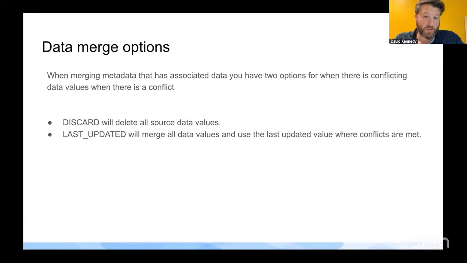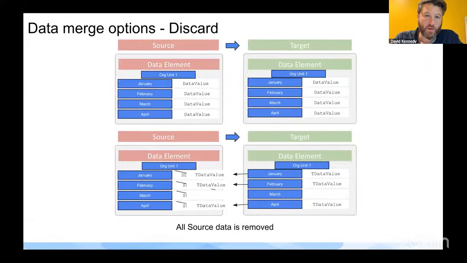If there's no conflicts, if there's not data in the same context, then values from both the source and the target can be preserved.